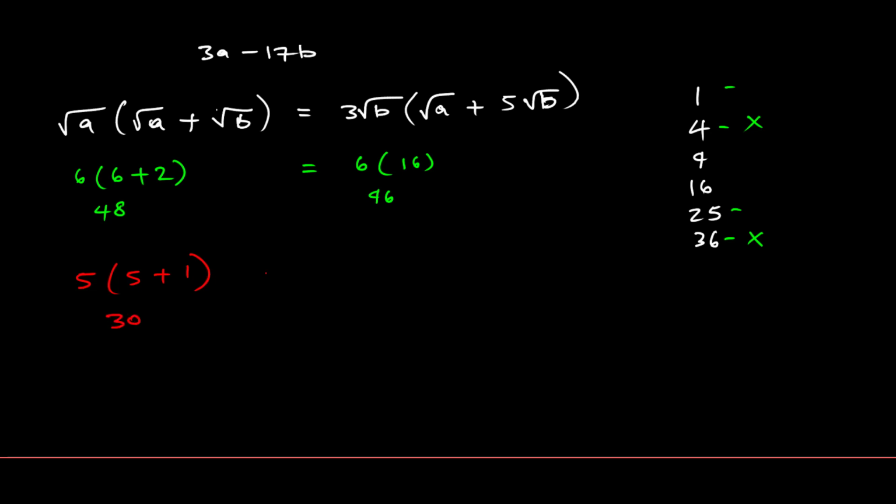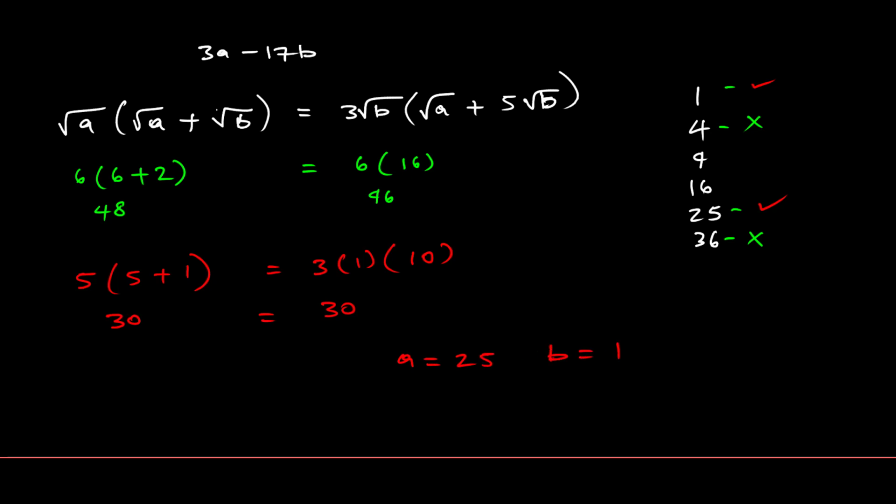So this is 30, and this should be equal to 3 times 1 being multiplied by 5 plus 5. So this is 10. So indeed 30 is equal to 30. So our valid solutions for a and b are 1 and 25. So a is equal to 25 and b is equal to 1.